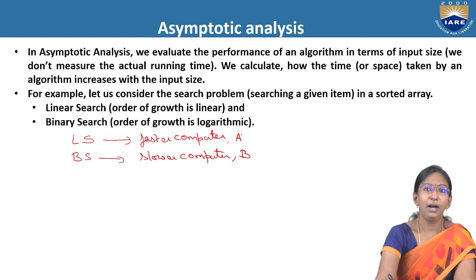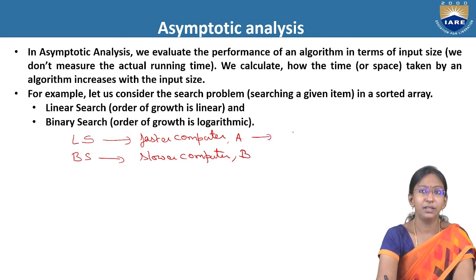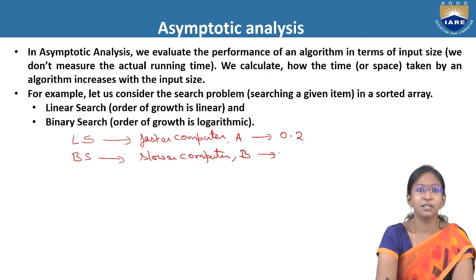Then let us see that on system A, linear search will give you the result in 0.2 units of time, whereas binary search, even though its complexity is logarithmic in nature, as it is running on a slower computer, gives you the result in 1000 units of time.